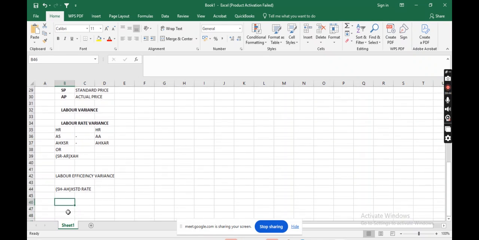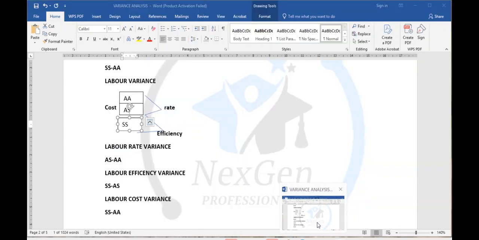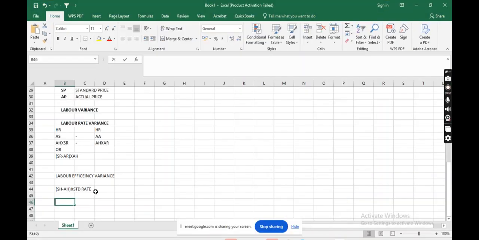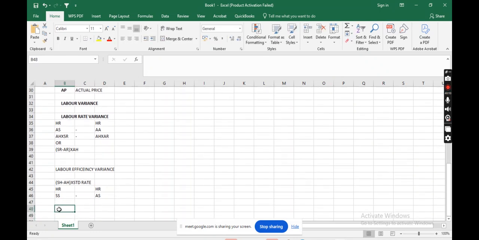Let's quickly check out the formula. What is our SS to AS? SS to AS, and hours to hours.